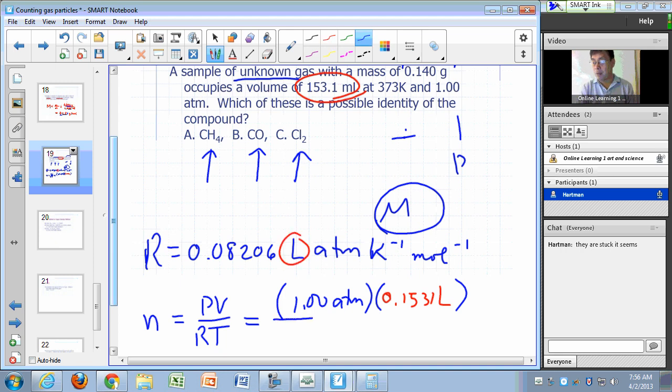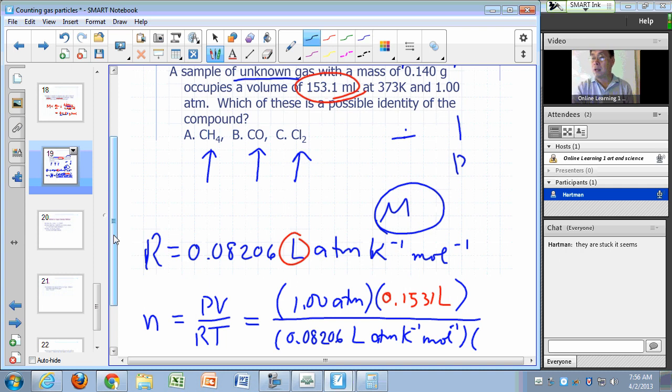Okay, divided by R, which is 0.08206 liters times atmospheres per Kelvin per mole. And our temperature is 373 Kelvin. Okay, so how many moles do we have?